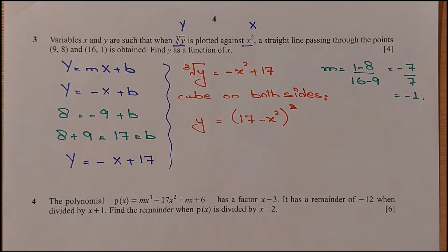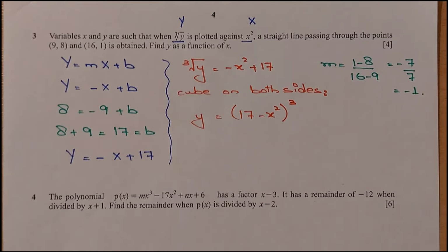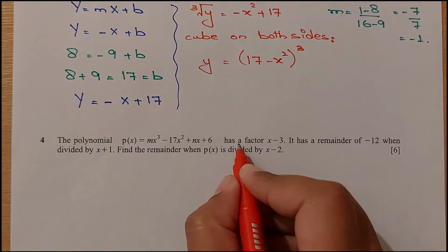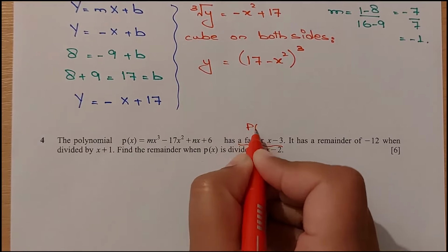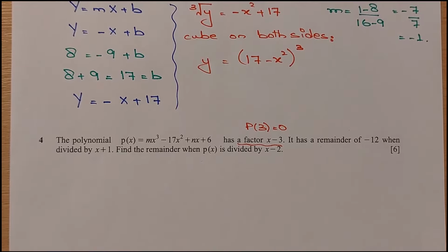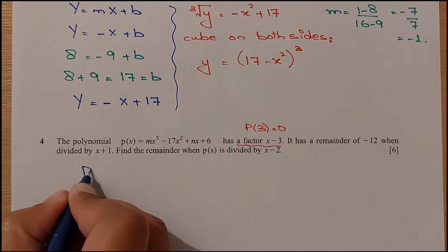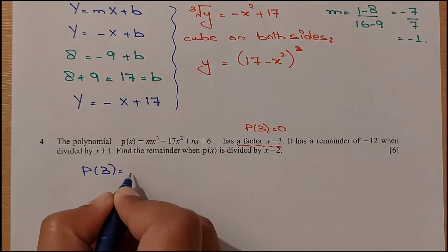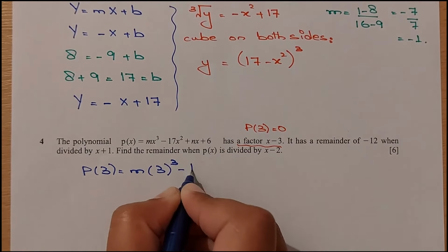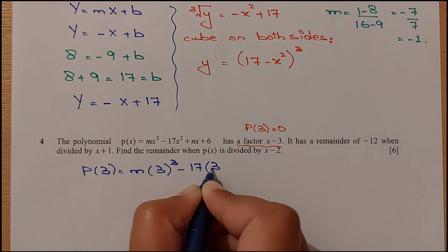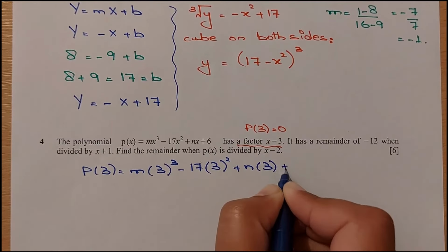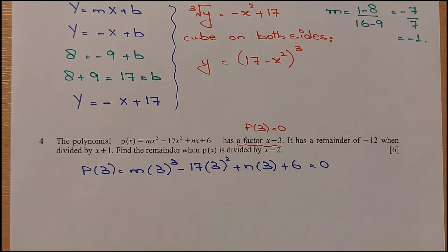Now for question number 4, the polynomial p of x has a factor x minus 3. So if this is a factor, it means p of 3 is equal to 0. So we have to find p of 3. What is p of 3? Substitute x equals 3: m times 3 cube, minus 17 times 3 square, plus n times 3, plus 6 equals 0, right?